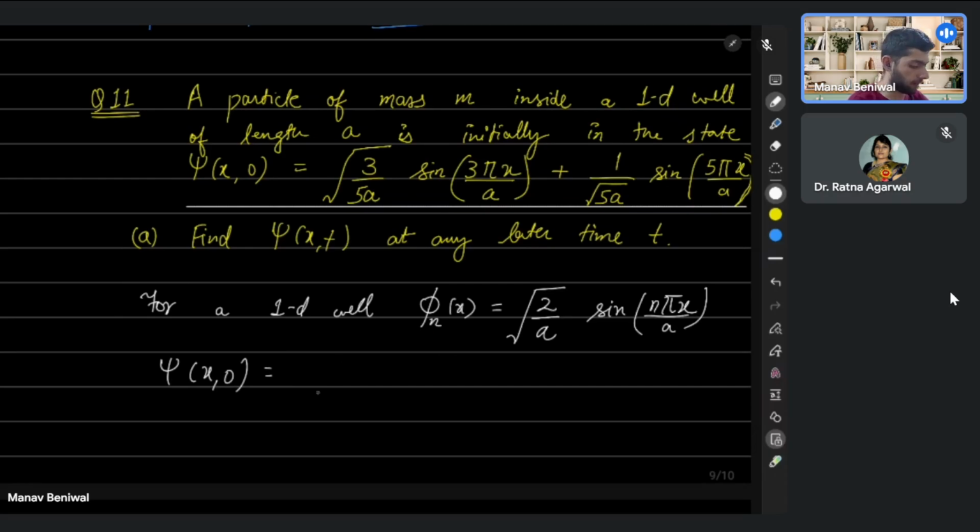So this will be under root 3 by 10. Okay, and then here you can see n is 3, so this will be phi 3.